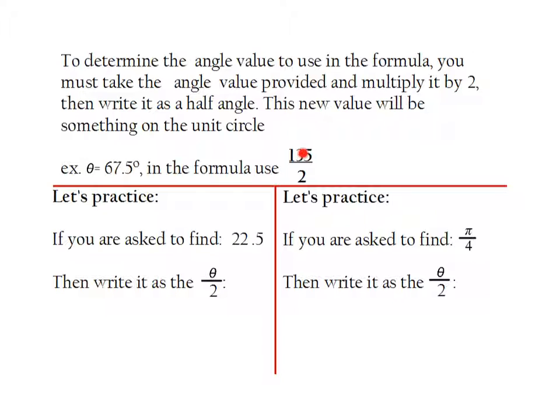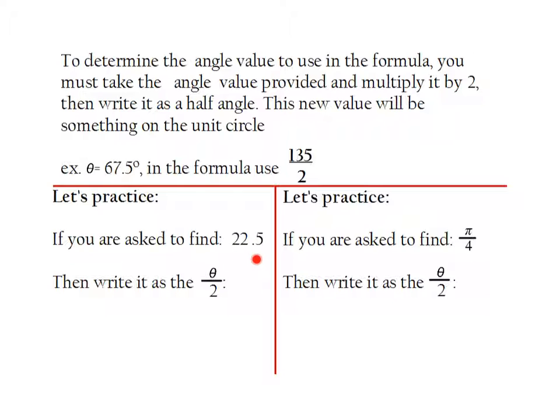That's going to be the theta. And then you write it as theta over 2, which really is just 67.5. We've just written it a different way. By writing it this way, we can recognize that this is the theta that we'll be using in our identity. It happens to be something off the unit circle.